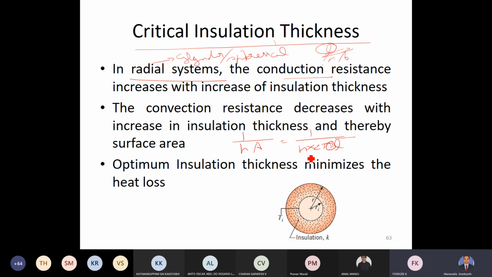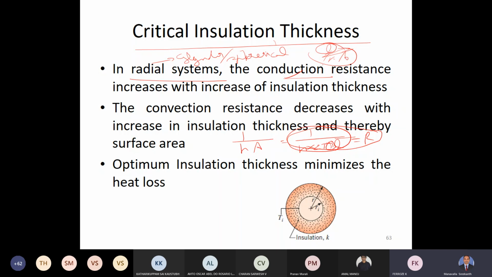If R increases, the denominator increases and the overall quantity, the convection resistance, will decrease. So as R increases, conduction resistance is increasing because it takes this formula, and convection resistance is decreasing because it takes this formula. So you see here, because of change of one parameter, there are opposite effects on convection and conduction.